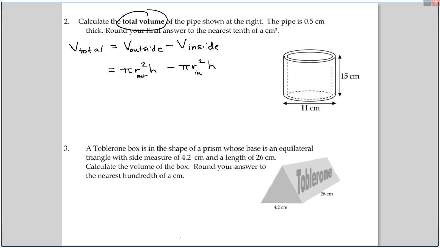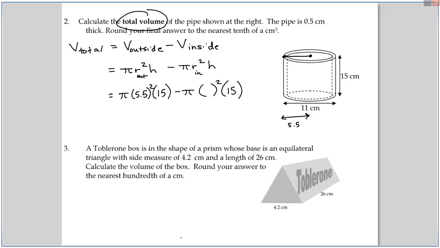So you would just use this normal radius, like from the far edge to the outside. And if it's 11 the whole way, halfway would be 5.5. So there's our first radius, 5.5 squared. And h is 15 for both. So 15 for both. Now all we have to do is think about what the other radius will be.